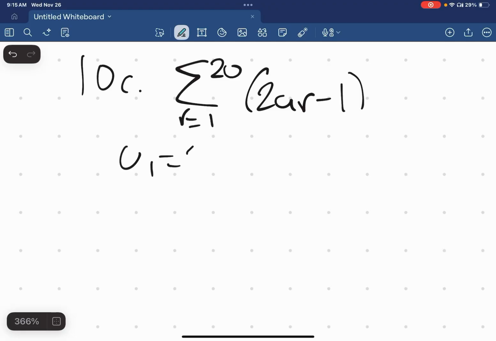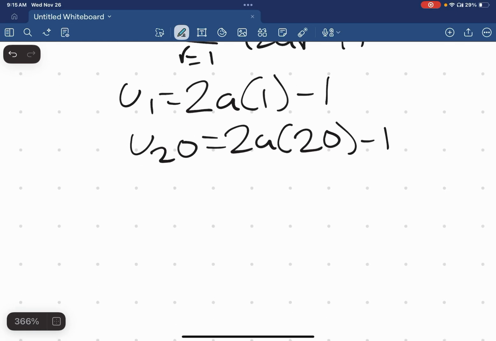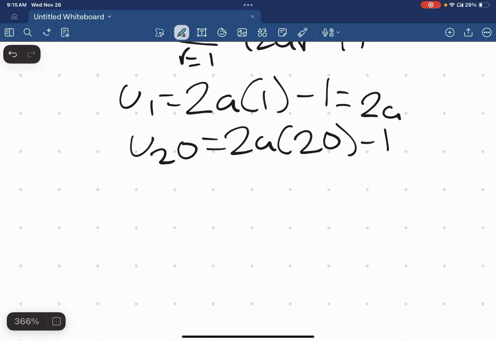u1 is going to be equal to 2a times 1 minus 1. And then u20 is going to be equal to 2a times 20 minus 1. And simplifying that, you just get 2a minus 1 and 40a minus 1.